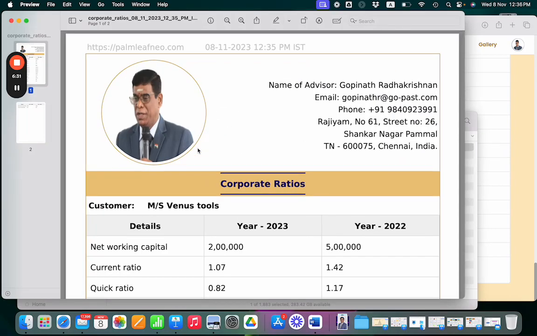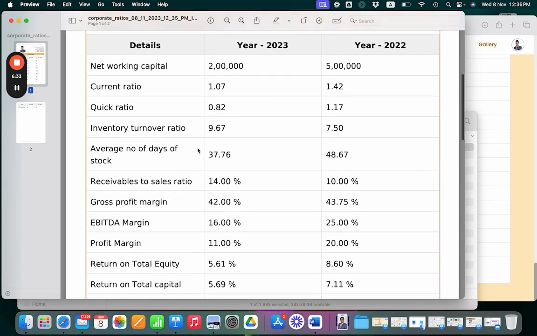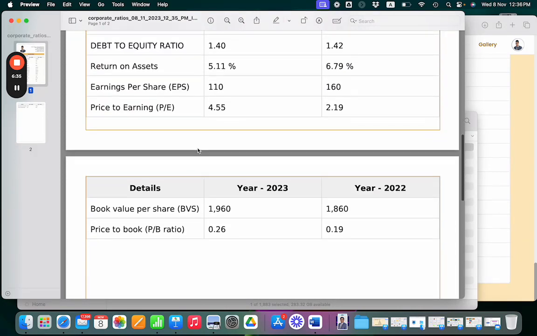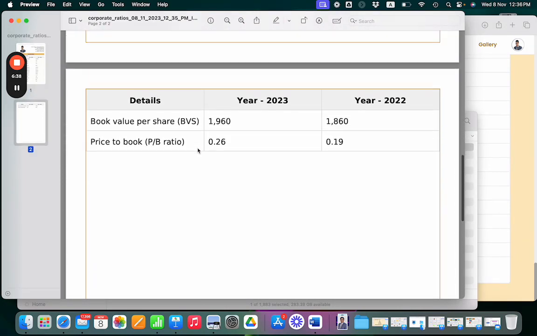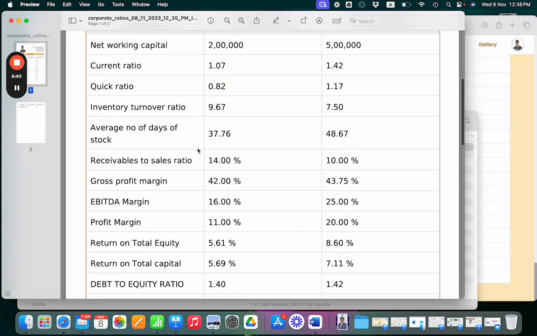Maybe I can even give them a small forwarding letter and say these are the areas where the company needs to focus. Probably when they are drawing the next year plan or the 3-year rolling plan, they can keep in mind these ratios. It will be proper guidance for them. Friends, this will be a real value added service you will be rendering them.